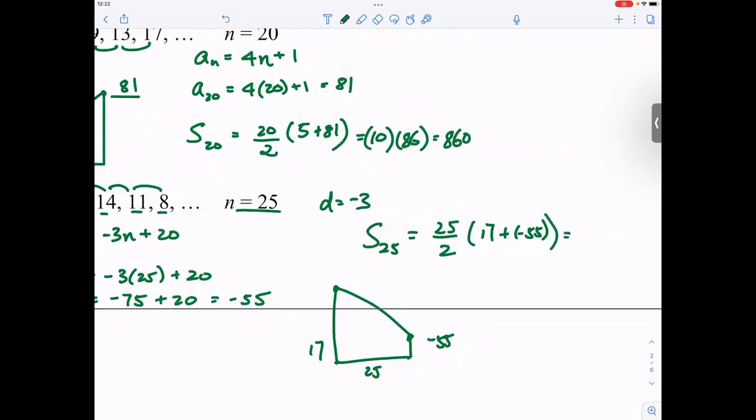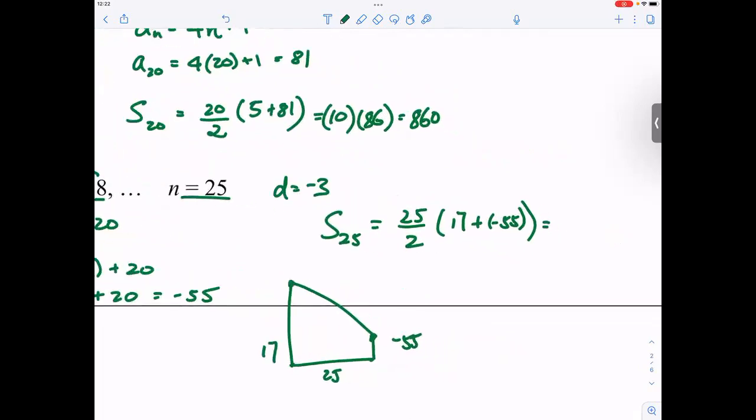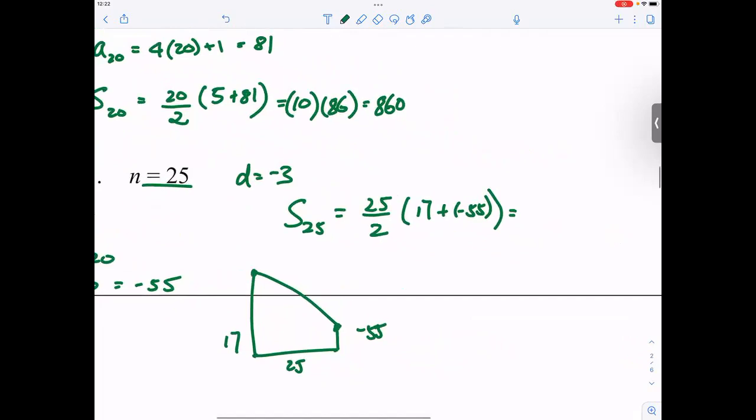Your first term is 17. The 25th term is -55. So insert those numbers and see if you can do it without a calculator. So 25 over 2 times negative 38. 17 minus 55 is -38. So you have 25 times -19.